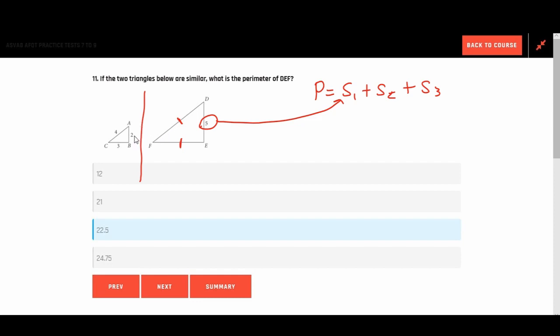And to go from 2 to 5, I know I would have to multiply that by 2.5. Okay? But let's say you didn't see that right away. You can solve these with proportions. This side to this side is going to be proportional to this side over this side, which is 4 over, let's call this one side 2.